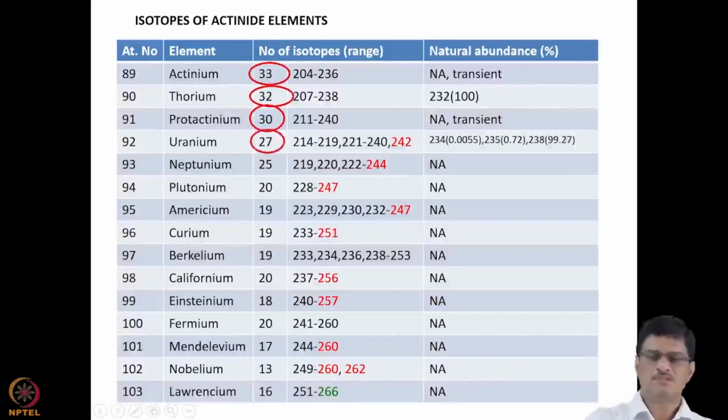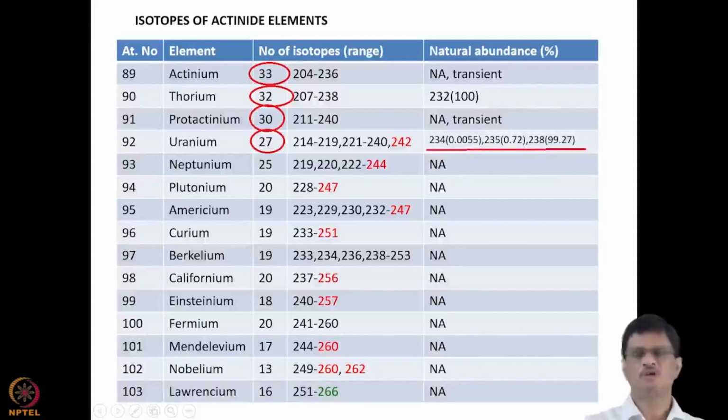For uranium, there are 27 isotopes, starting from uranium-214 to 219, then 221 to 240, and uranium-242. Out of these, the naturally occurring isotopes are uranium-234, uranium-235 and uranium-238, with abundances of 0.0055% for 234, 0.72% for 235, and 99.27% for 238.